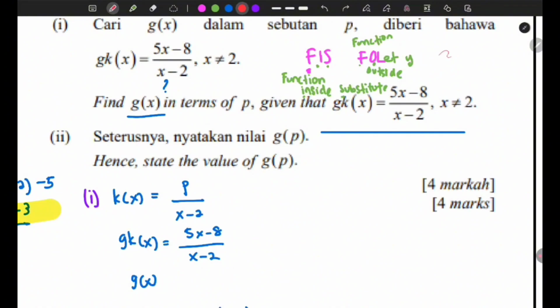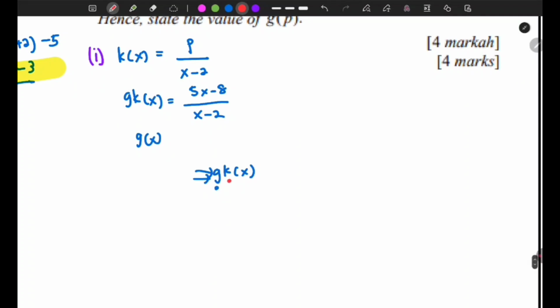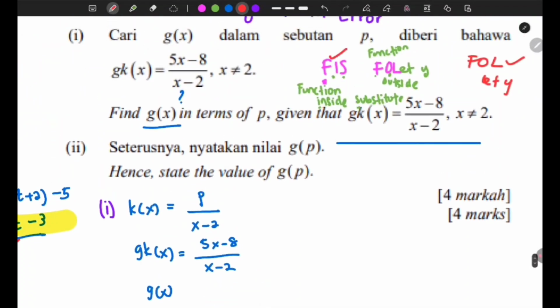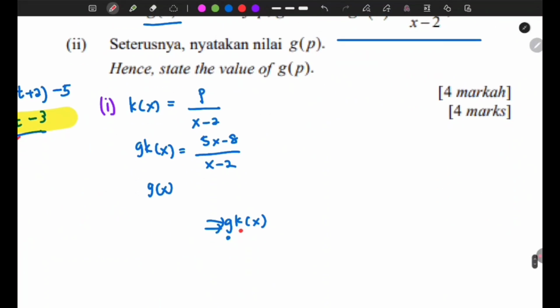But if you want to find kx, which is the inside, you have to substitute. Function inside, substitute. So this time g, which is the outside, you want to find, so you should let y.